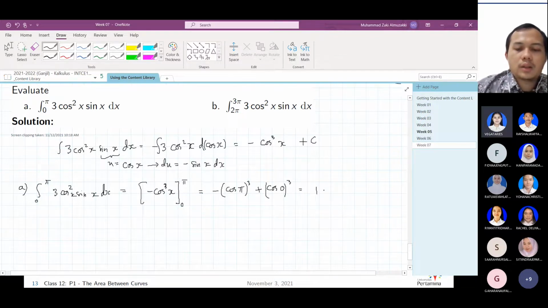So we have 1 plus 1, which is 2. Cosine of pi is equal to minus 1.